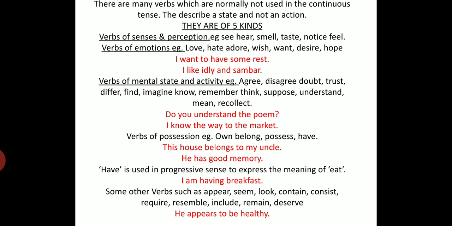Next is, he has good memory. Never say he is having. Oh, that is going to be absolutely wrong, my dear students. Have is used in the progressive sense to express the meaning of eat. Remember, when you use the word have, it is indicating eat.